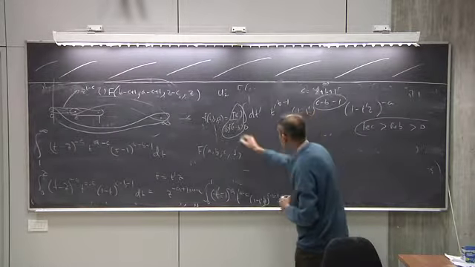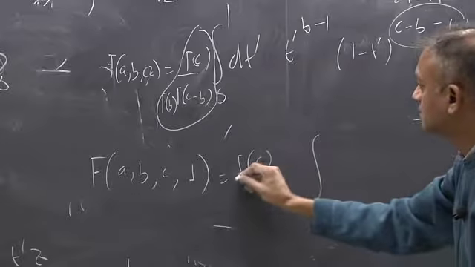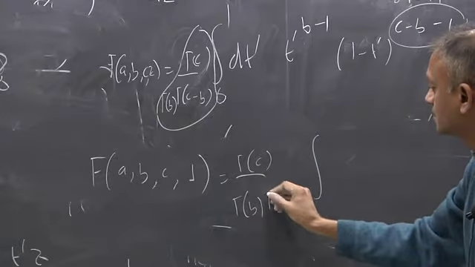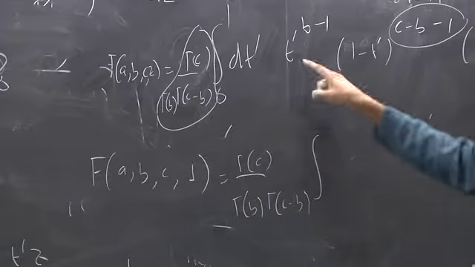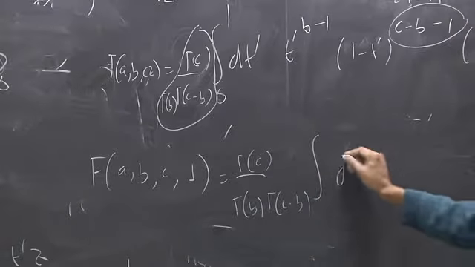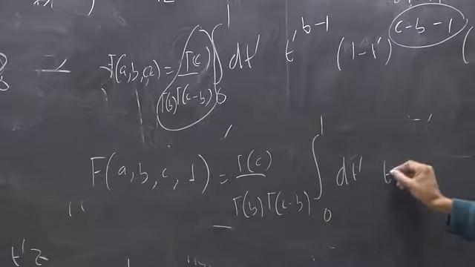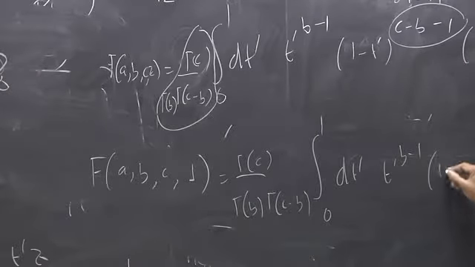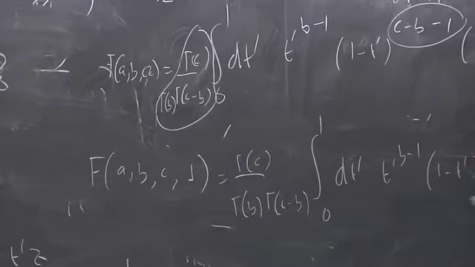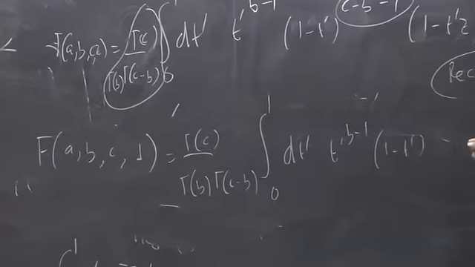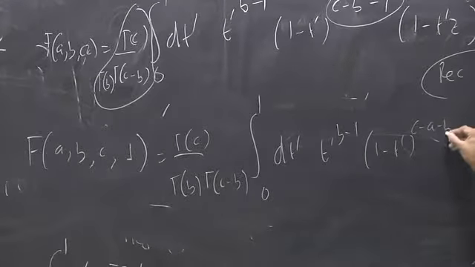This integral, up to these constants gamma c over gamma b, gamma c minus b, becomes dt prime. So at z equal to 1, from 0 to 1, t prime to the b minus 1, and 1 minus t prime. At z equal to 1, these two add up, right? So you get here c minus a minus b minus 1, okay, dt prime.